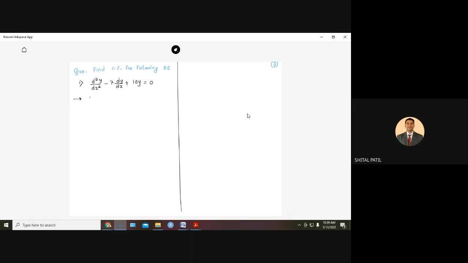The differential equation is D squared minus 7D plus 10 y equals 0. Isn't it? Now write down the auxiliary equation. Yes, find the factors. Hope everyone knows how to find the factors.